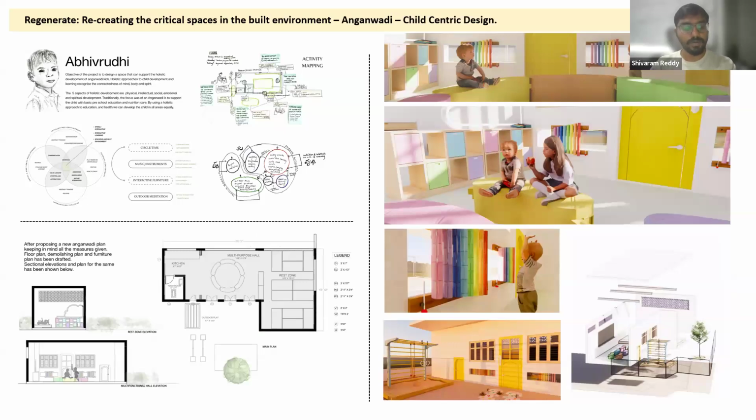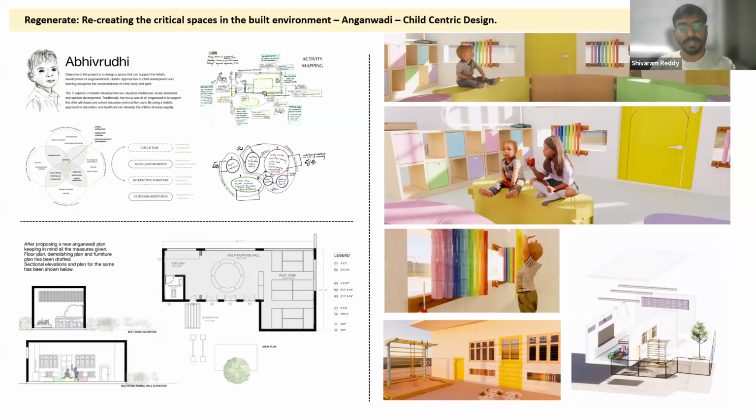Then we tried to move from a controlled environment to something more real time. Since Woxen is located in a rural context, we had the opportunity to visit certain Anganwadis nearby in the village.